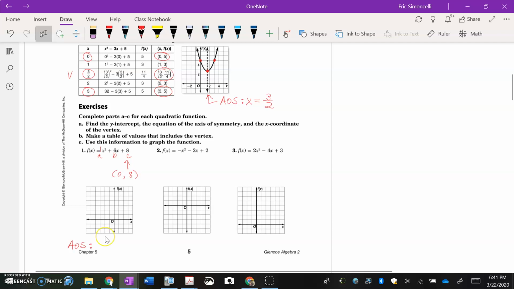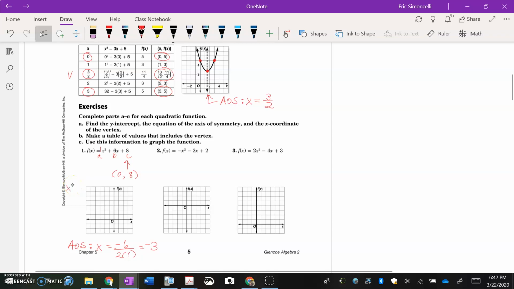So x equals negative b over 2a. So we're looking at negative 6/2 or negative 3. That's nice. So we've got our axis of symmetry at negative 3.